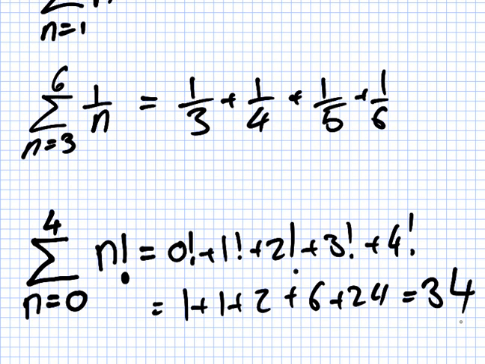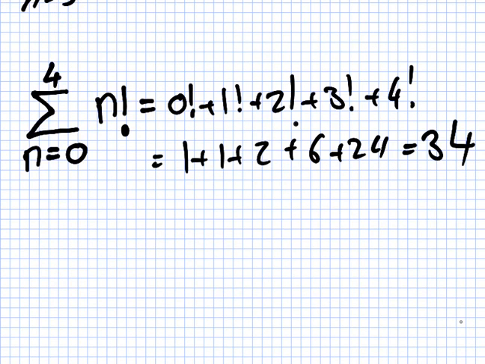Start at 0, go to 4. You got the idea? Yeah, okay. How much is 34? Yeah. Is it not? I think so. Factorial is 1. Yeah.